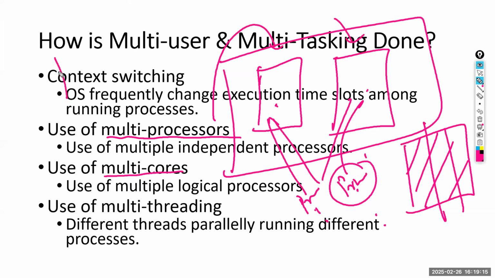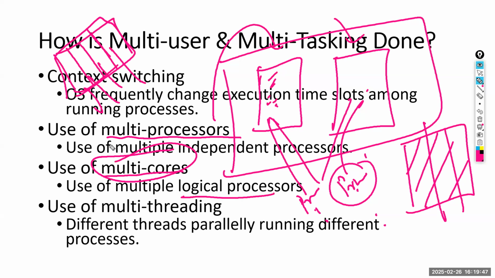That is one processor chip, but it behaves like two, four, or eight processors, though they are not separate physical processors. So that is multi-core. Again, different programs can be handled by different cores, so we call it logical processors. Multiprocessor means multiple physical processors.